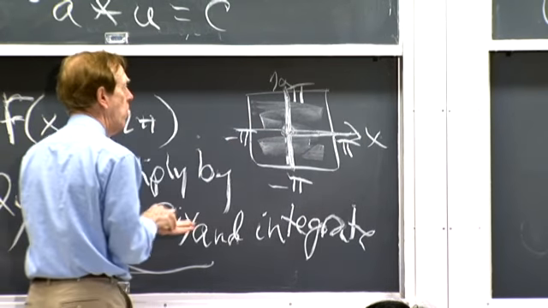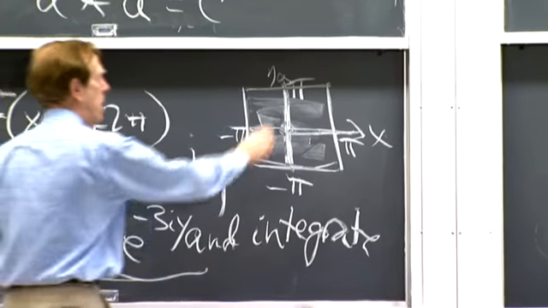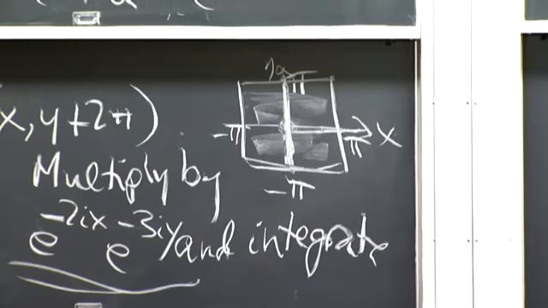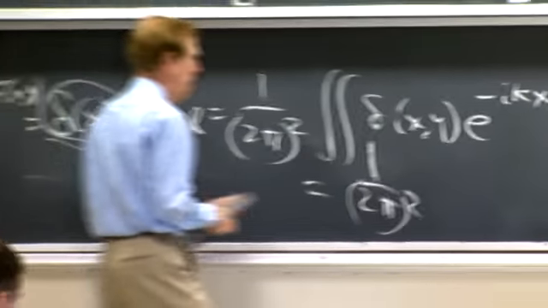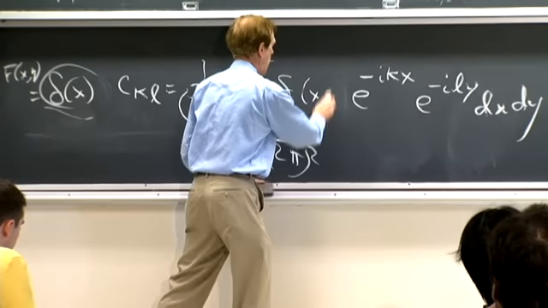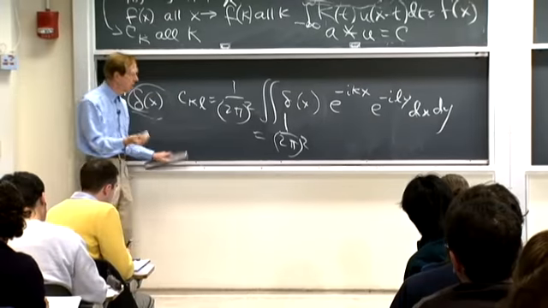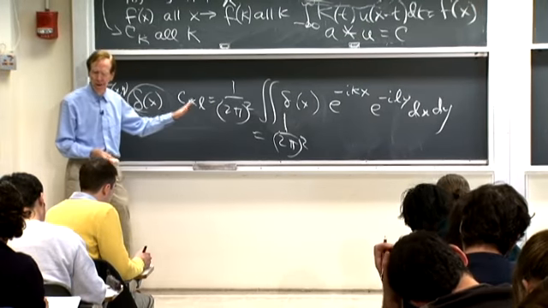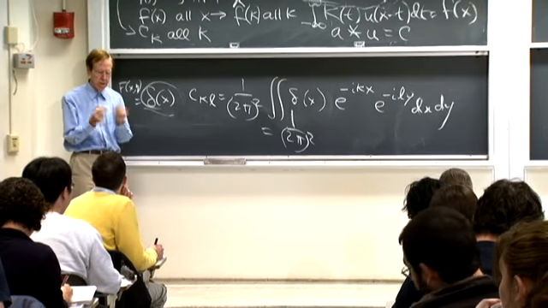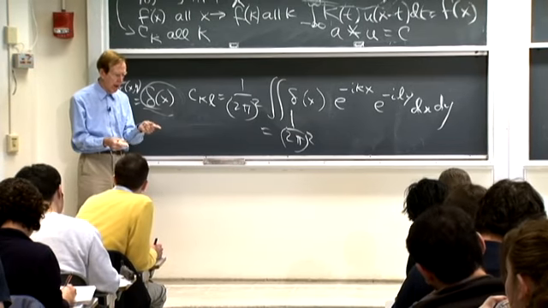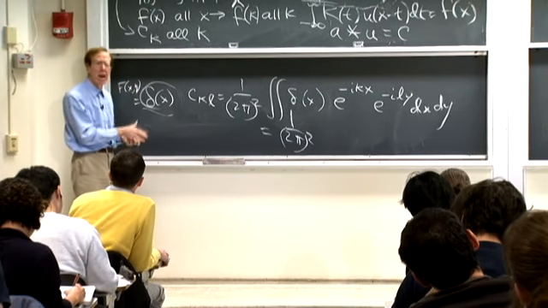But I only have to focus on one period square. What's my answer now if this function suddenly changes from a one-point delta function to a line of delta functions? Now tell me what the coefficients are. What are the Fourier coefficients in 2D for a straight line of delta functions going up the y-axis?